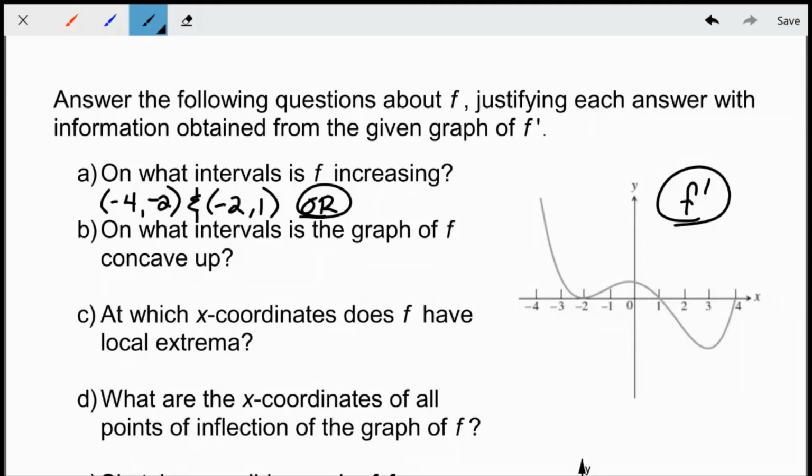But some people would just combine those together and say that the function is increasing from -4 to 1. The reason we would say that is if you looked at the points that were graphed, you could justify that when you're at -2, the points to the right of -2 are above it, and the points to the left of -2 are below it. So it is increasing at that point, even though it has a 0 slope there. So you can justify it either way.